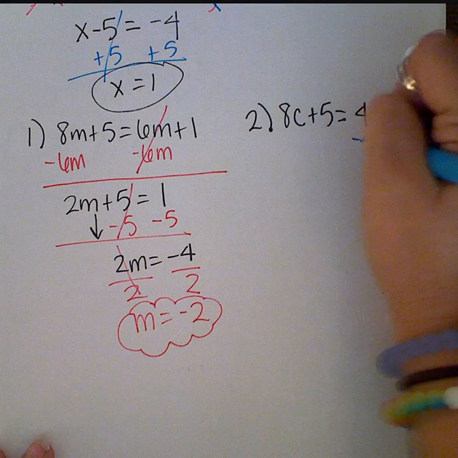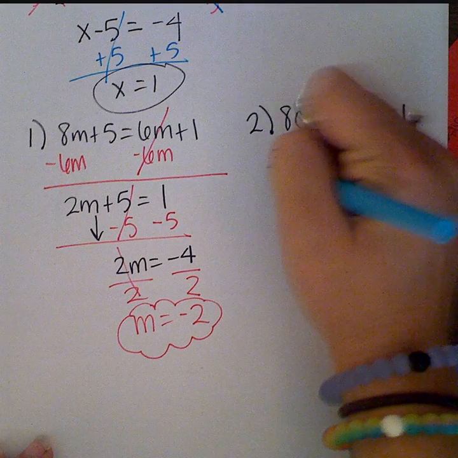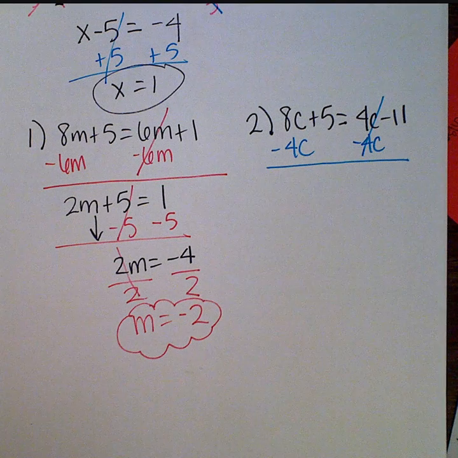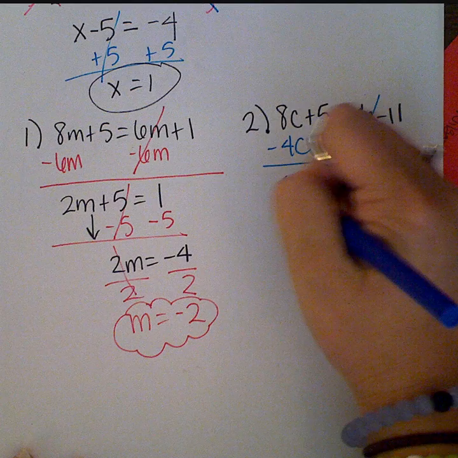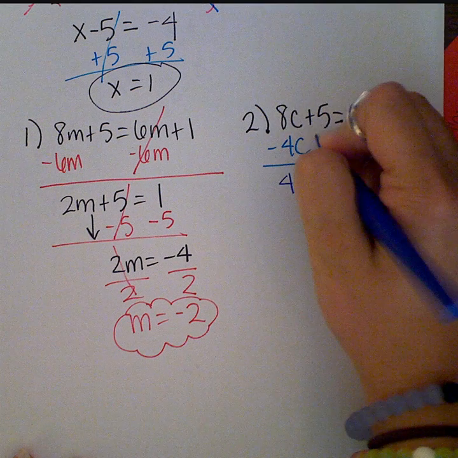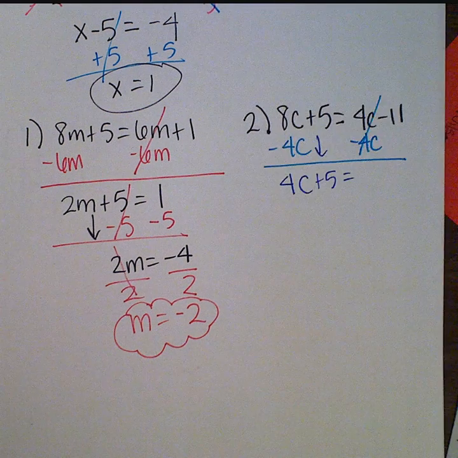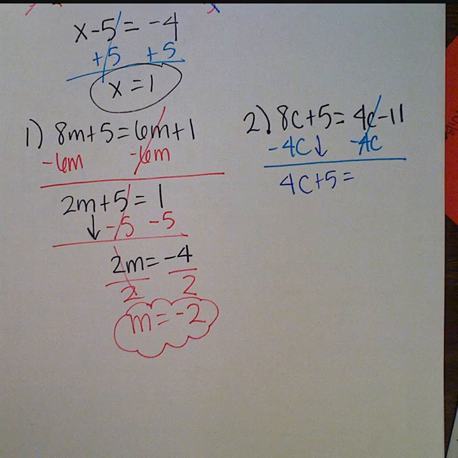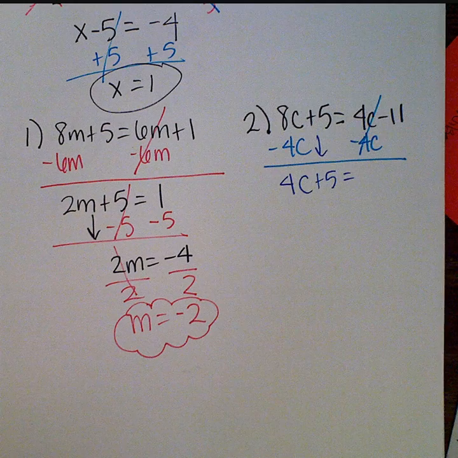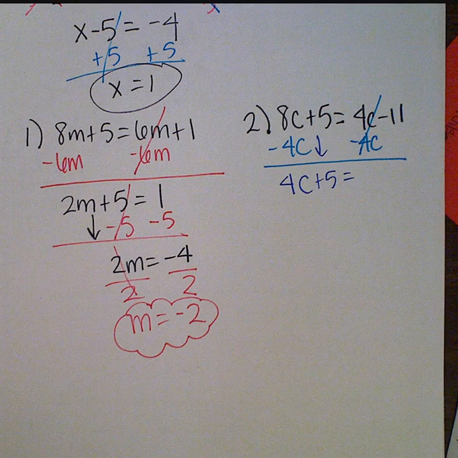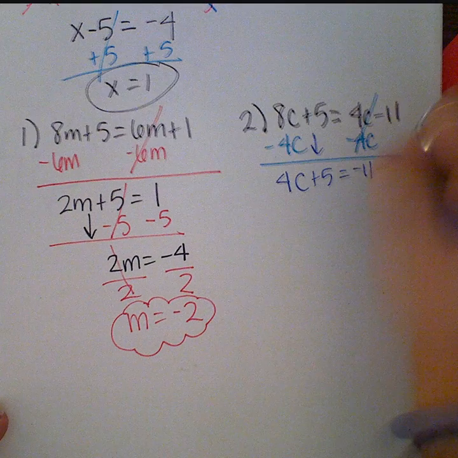Subtract 4c from both sides. And what is 8c minus 4c? What do we do with that plus 5? Now, is this going to equal positive 11 or negative 11? Negative 11. Why? Because it's negative, because of that minus sign. So we have negative 11.